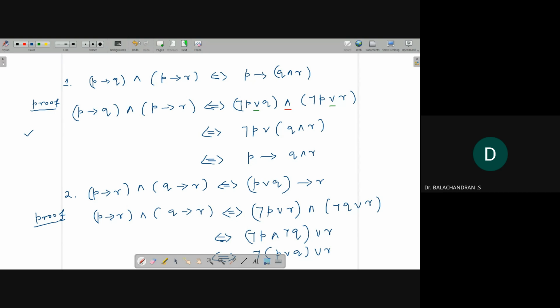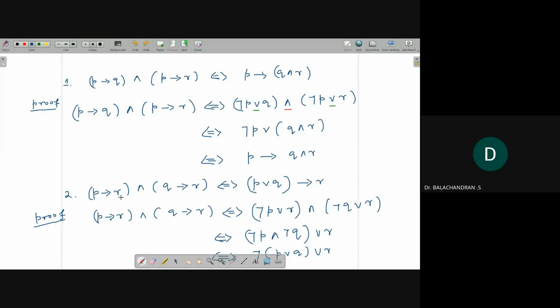If you use distributive law, you can take negation P, and then Q and R. So from here to here, I am using distributive law. And then from here to here, I am applying P implies Q. So P implies Q is same as what? Negation P or Q. So negation P or Q is same as what? P implies Q. Okay, this is the first result.